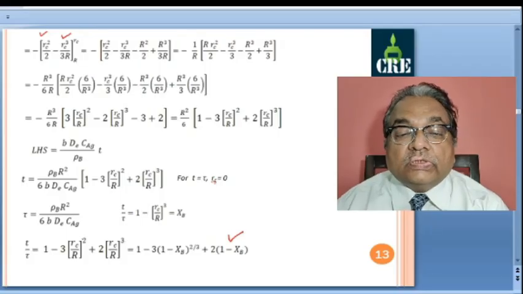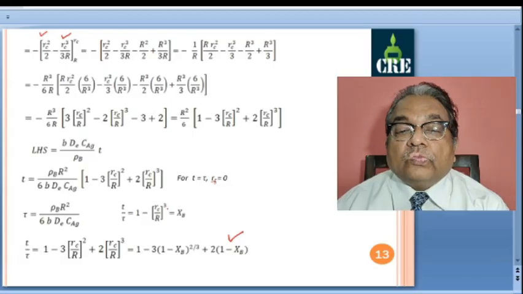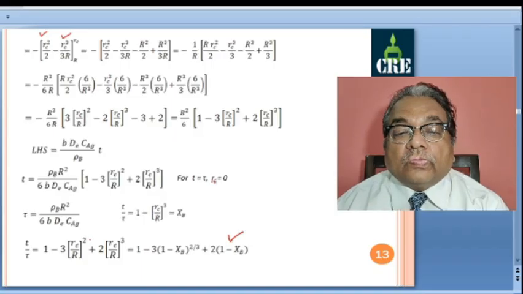Now what about this? This is rc by r square here, and here we have cube. So what I will do is, I will raise this 1 minus xb to the index of 2 by 3.